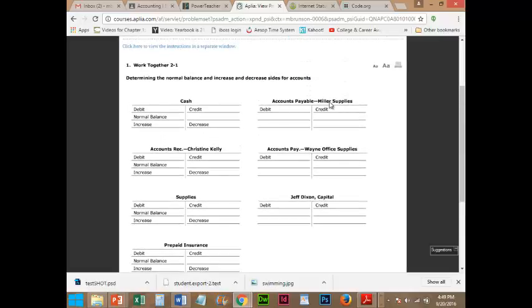Now let's look over at our accounts on the right. We have two accounts payable. Accounts payable means that we owe Miller Supplies some money and we owe Wayne Office Supplies some money. So these are liabilities. Liabilities are just the opposite of assets.